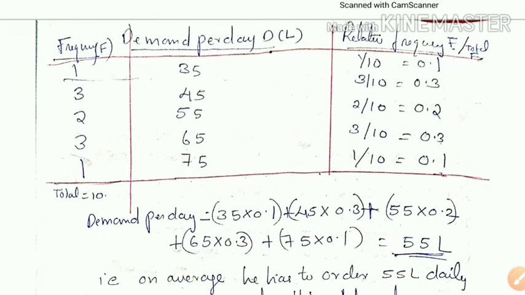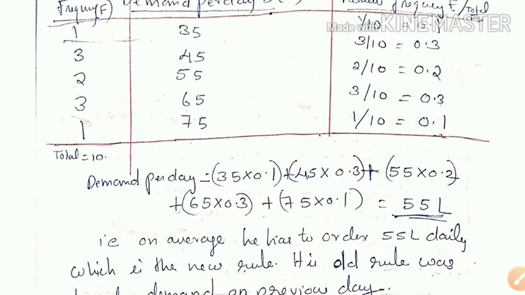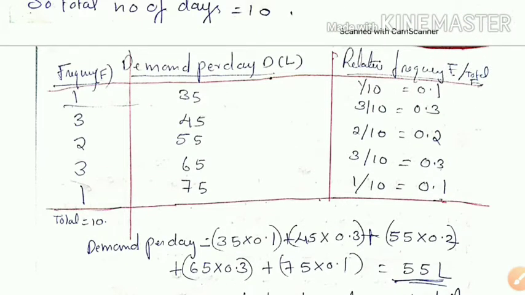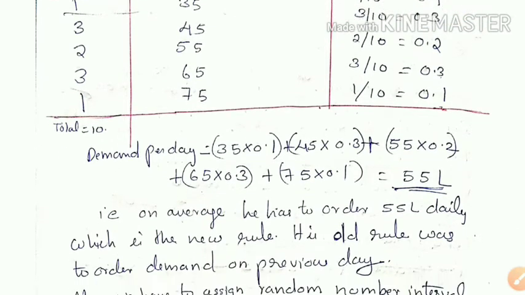Here, demand for 35 liters occurs only for 1 day, 45 liters occurs for 3 days out of 10 days, 55 liter demand comes in 2 days only, 65 liter demand comes in 3 days, and 75 liter demand comes in 1 day. So 1 divided by 10 is 0.1, the relative frequency, 3 by 10 is 0.3 relative frequency, and so on. We got 0.1, 0.3, 0.2, 0.3 and 0.1.